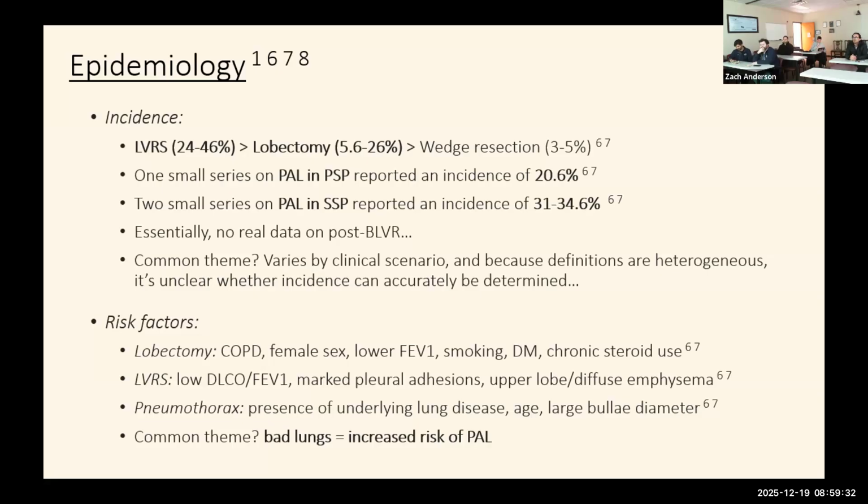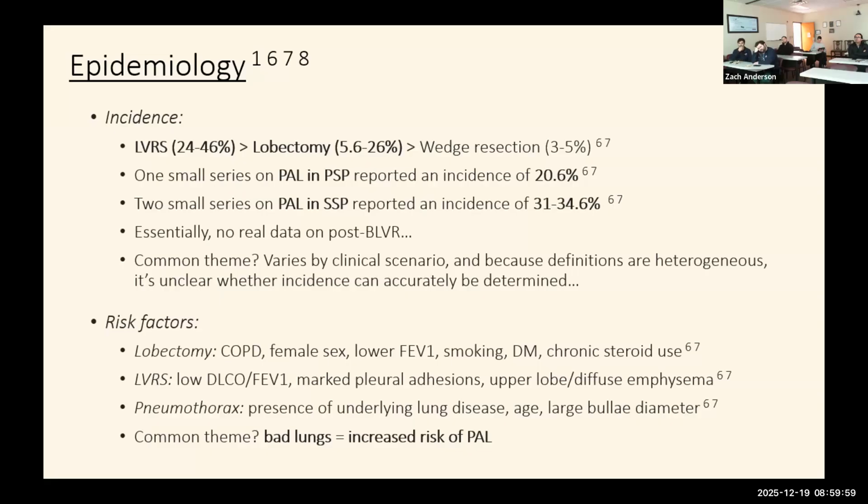Wedge resection seems to be less likely of the surgical modalities. Not a lot of data about PAL in pneumothoraces, but in primary spontaneous pneumo, one small series of less than 100 people reported an incidence of 20.6%, versus in SSP, it's higher, in the 30s somewhere. But again, very limited data.